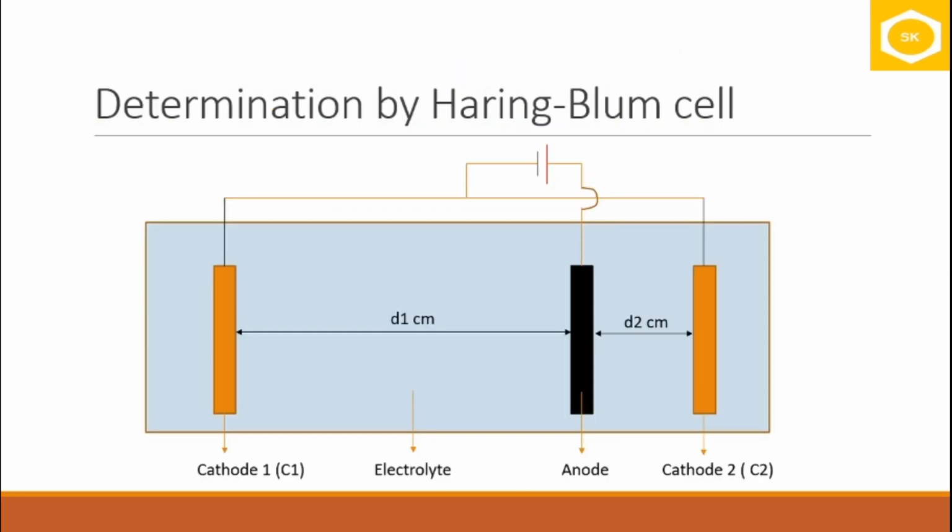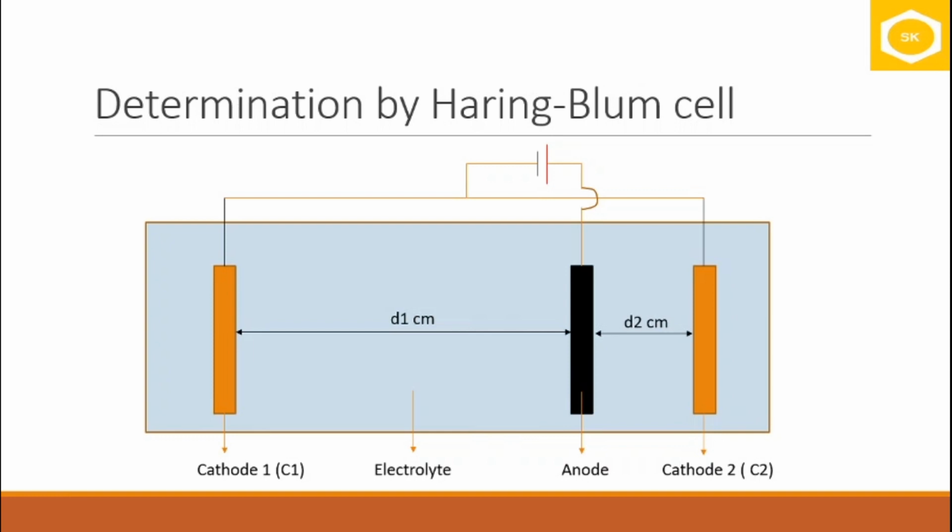Now, this parameter can be determined by using an equipment called Haring-Blum cell. Now here is a simple setup of Haring-Blum cell where you can see that there is one anode and two cathodes, cathode 1 and cathode 2, and all these electrodes are suspended in a container that contains the electrolyte whose throwing power is to be determined.